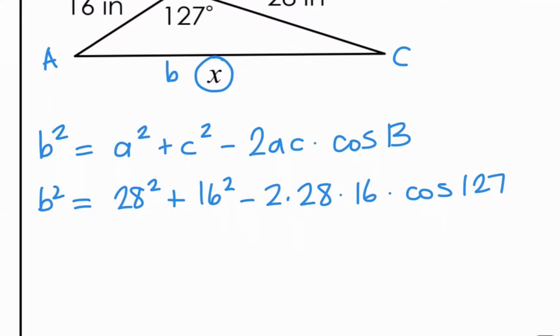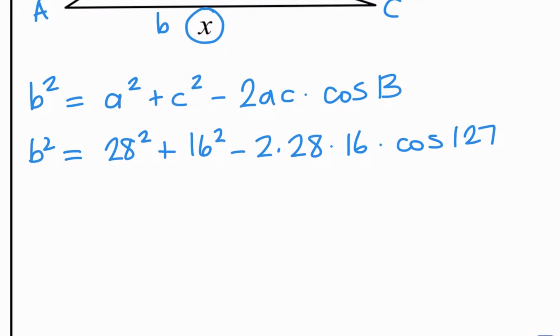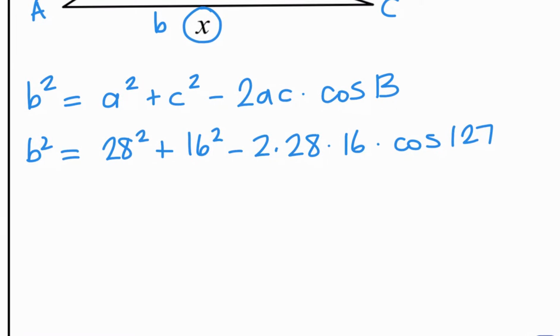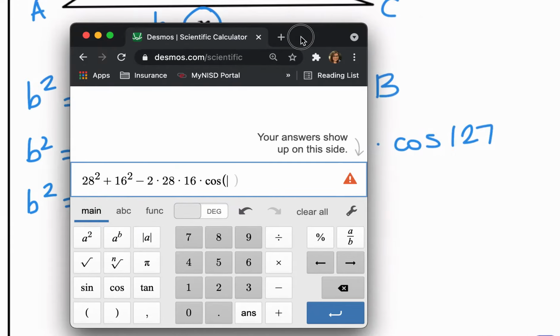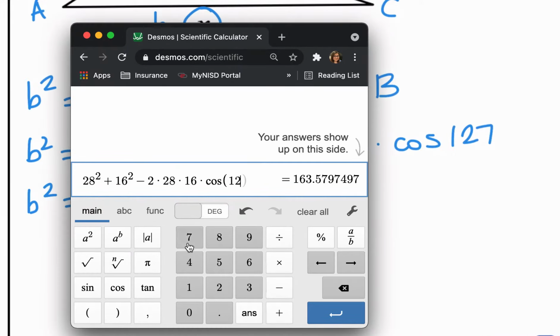Truly from here, once you have it set up, don't try to work this out on your own. I am fine with you guys putting this into the calculator. So b squared is equal to, let's type in that long expression. So I have 28 squared plus 16 squared minus 2 times 28 times 16 times cosine of, let me scoot over, 127.